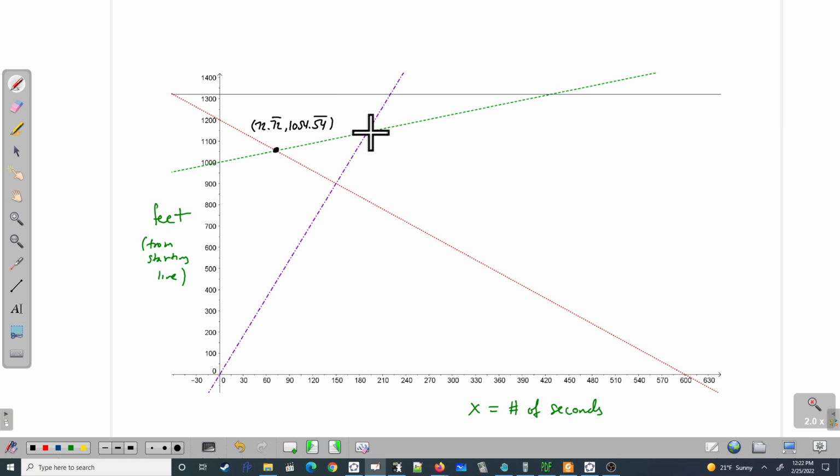This point here works out to be 190.476 and 1142.857, and again, I've rounded to 3 decimal places. You don't have to get that fussy. It'll be good. Your last point over here ended up being 150, comma, 900.